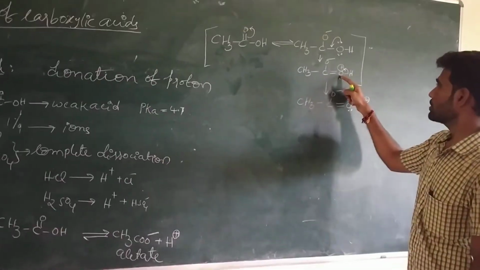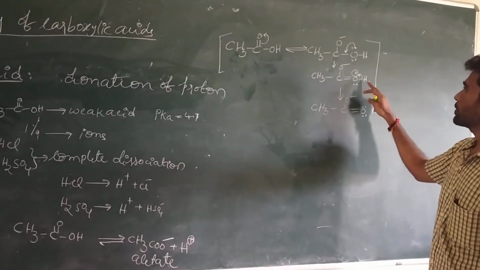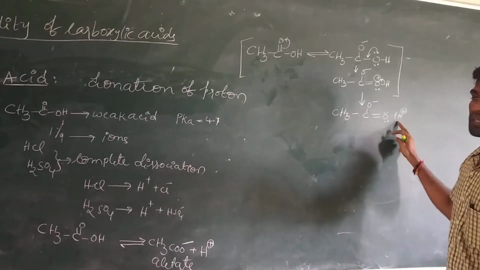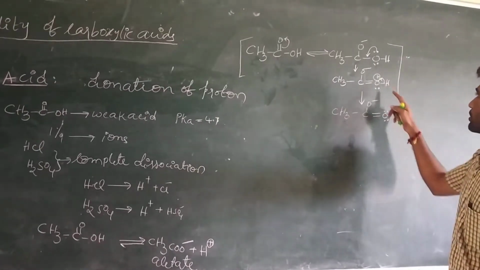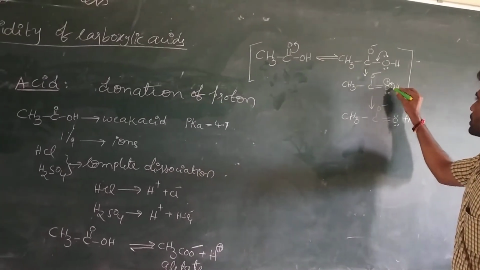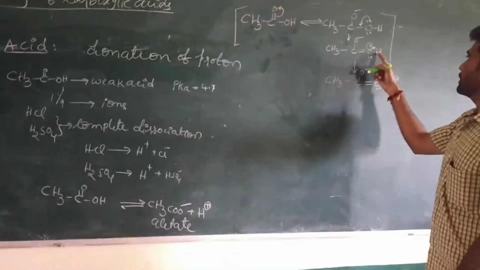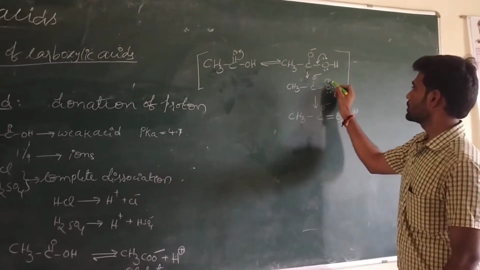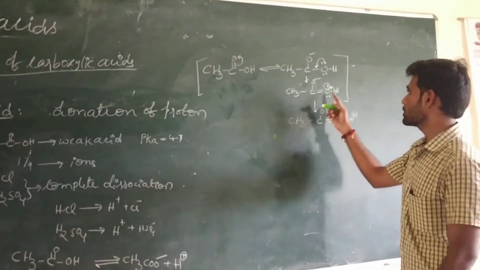Now this oxygen pulls electrons from the hydrogen atom, and hydrogen is eliminated as an H plus ion. The 2 electrons in the bond between the oxygen and hydrogen atom shift towards the oxygen atom.